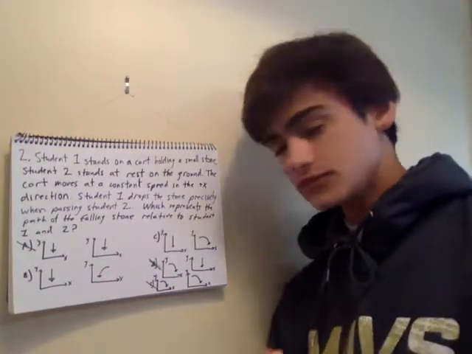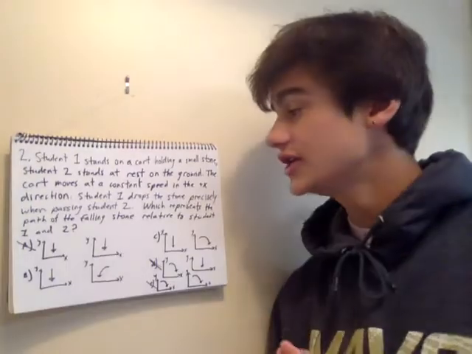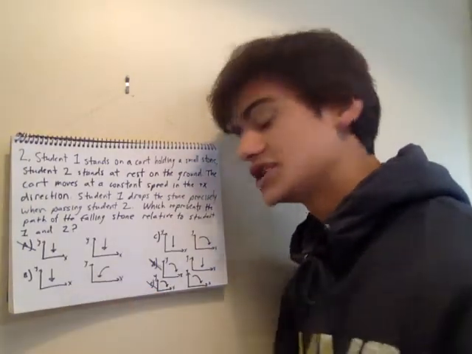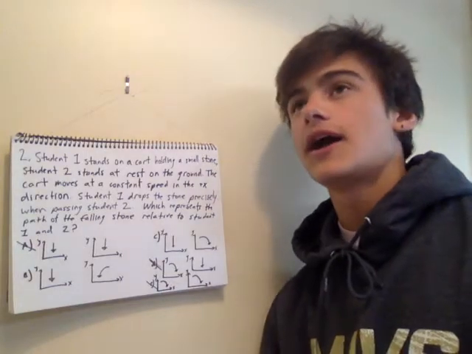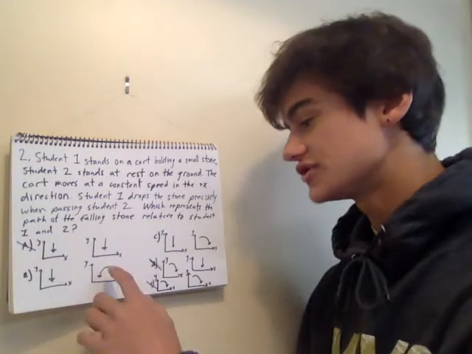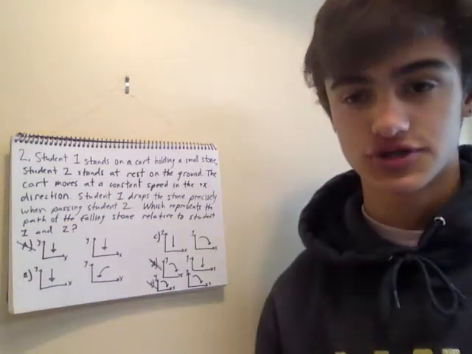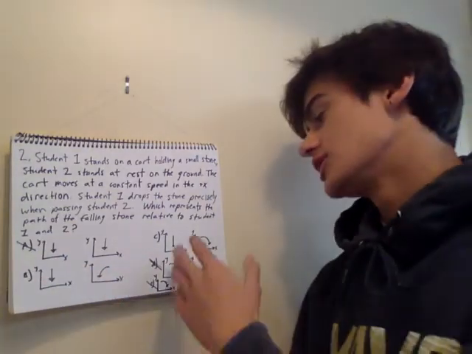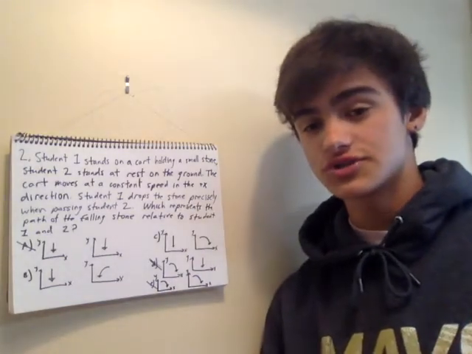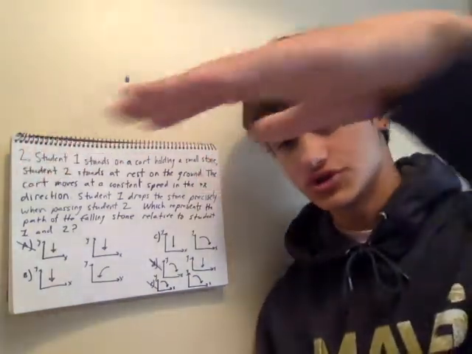Remember, student 2 is stationary, standing on the ground while this is all happening. Case B is saying that as student 1 drops the rock, to student 2 it's going to look as if the rock is falling backwards. Case C is saying as student 1 drops the rock, student 2 is going to perceive the rock falling forwards.